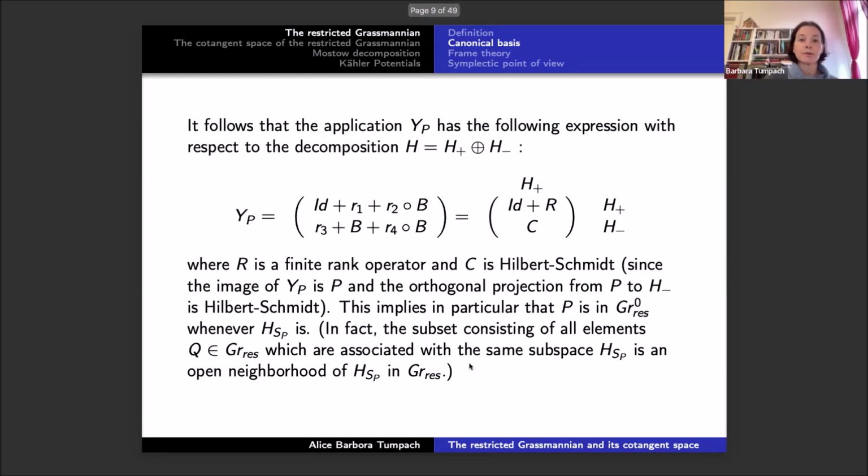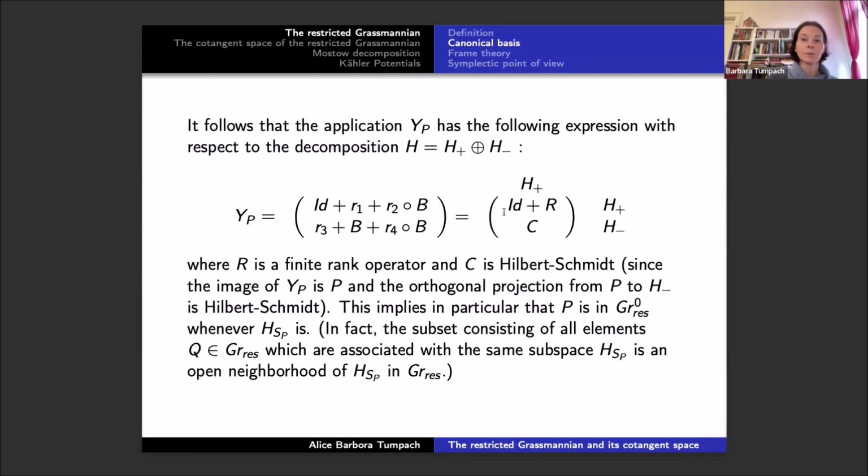So then if we want to write the operator YP with respect to the decomposition H plus and H minus, we have to change the basis, and this will give the following expression here.